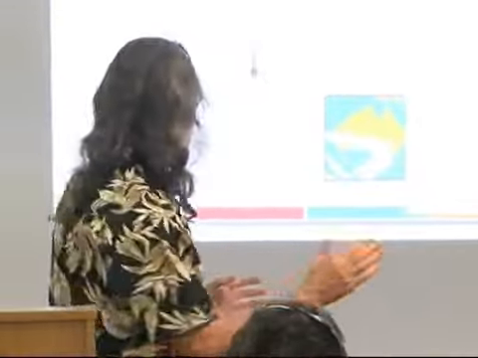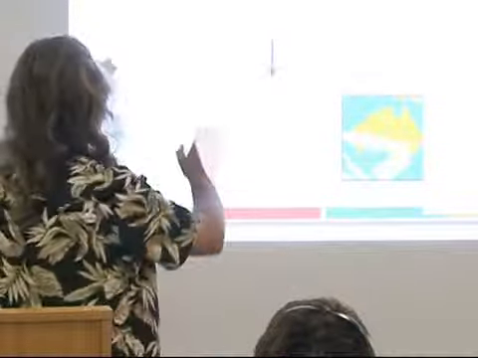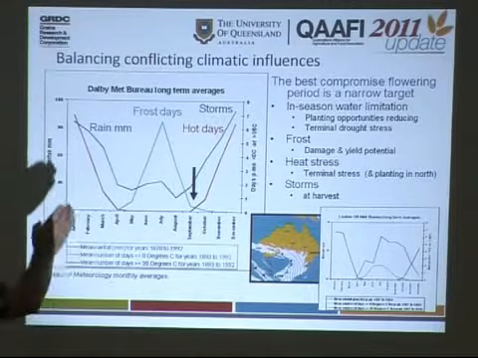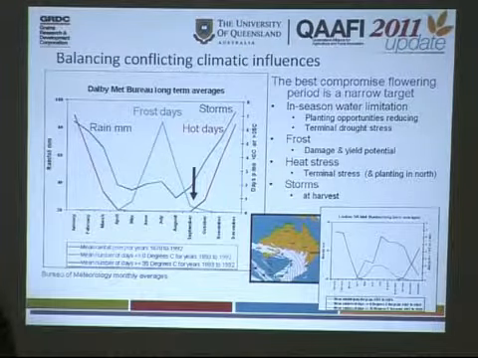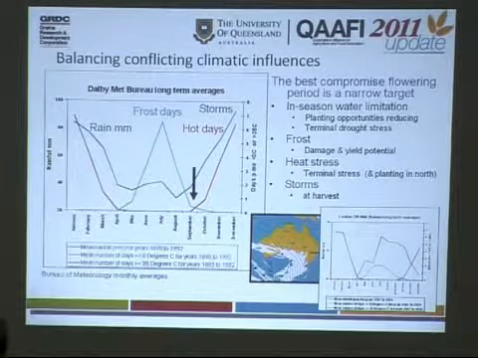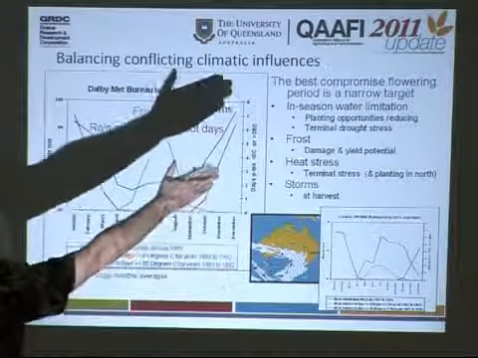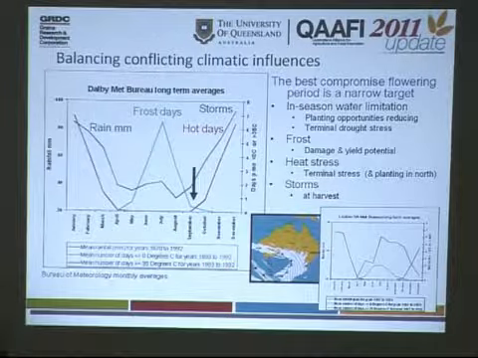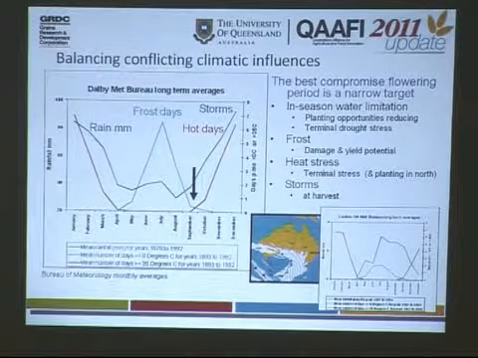And this graph shows you what we're trying to achieve when we're trying to optimise it. We've got the long-term mean average monthly rainfall there in millimetres in the dark blue line. We've got the number of days on that side, average per month over the long term.